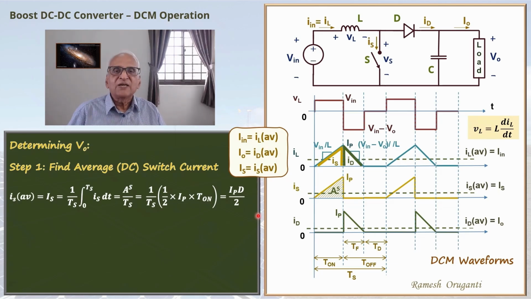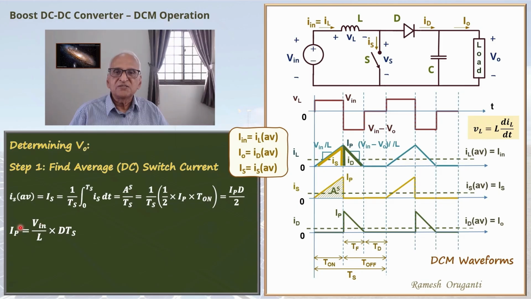We can find the peak current in a straightforward manner. Peak current is the slope of the inductor current times the T on. So V in by L times T on will be equal to IP because the current starts from 0. So IP is V in by L times DTS. T on is DTS. So we can substitute this IP here.